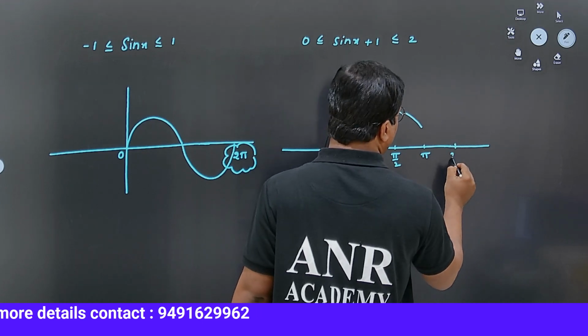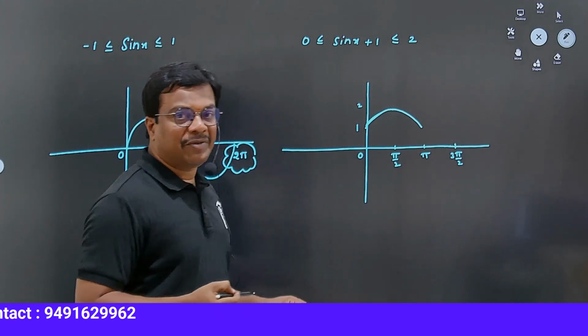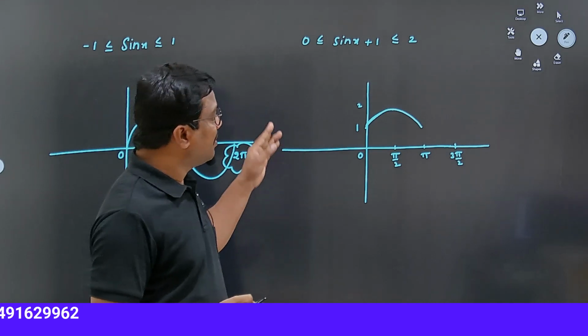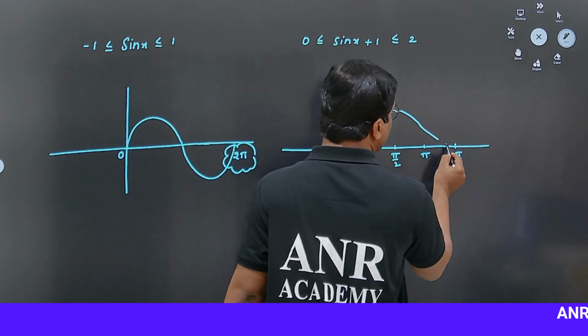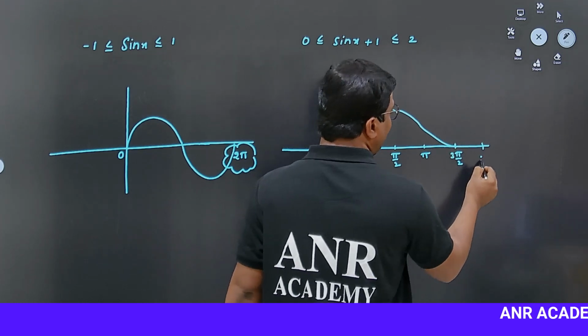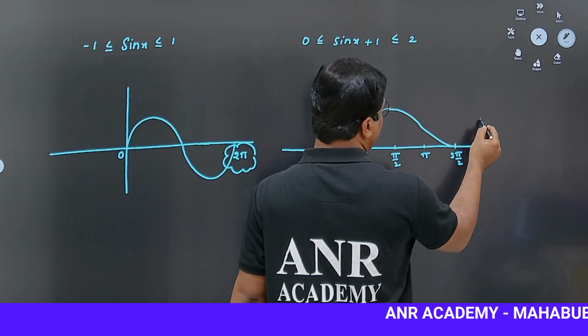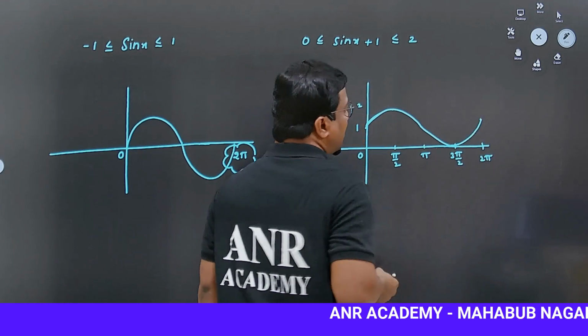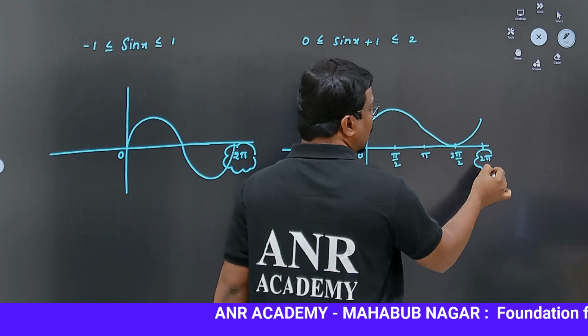Next, if you write 3 pi by 2, what happens? Sin 3 pi by 2 value is -1, so -1 plus 1 becomes 0. Next, if you write 2 pi, sin 2 pi is 0, 0 plus 1, again it is 1. So the graph repetition starts again at 2 pi.